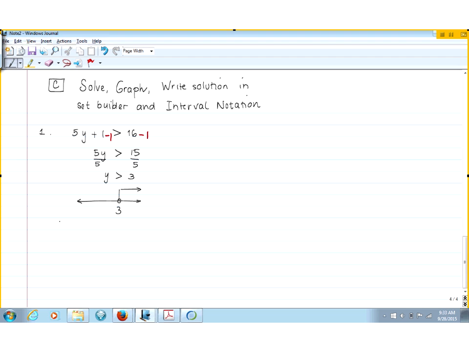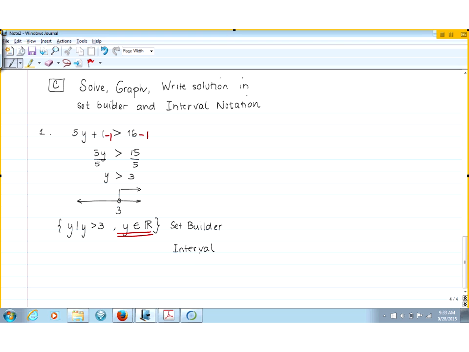So what is my solution in set builder? y such that y is greater than 3. And again, it's optional to write y is an element of real numbers. So this part right here is optional. You could just say y such that y is greater than 3. This is called set builder.